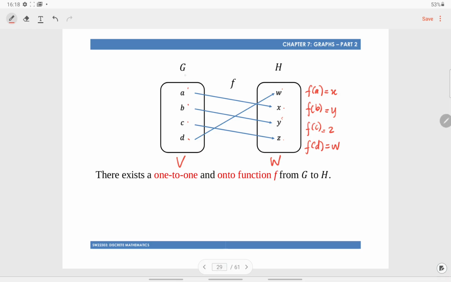Onto means it covers all the elements in W. Yes, there is no remaining vertex. A, B, C, and D all point to the corresponding entry in the set W. So we say that the function f is a one-to-one and onto function from G to H.